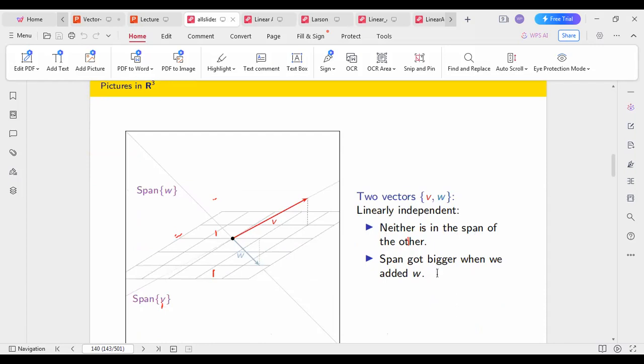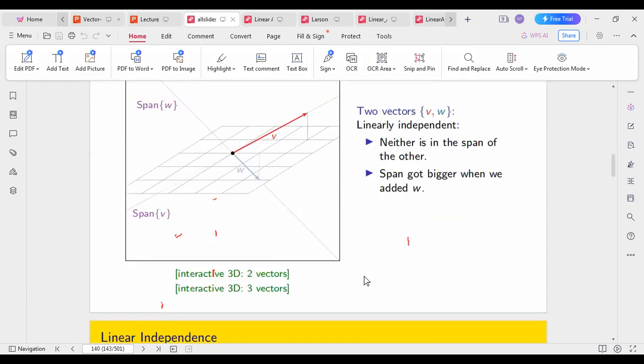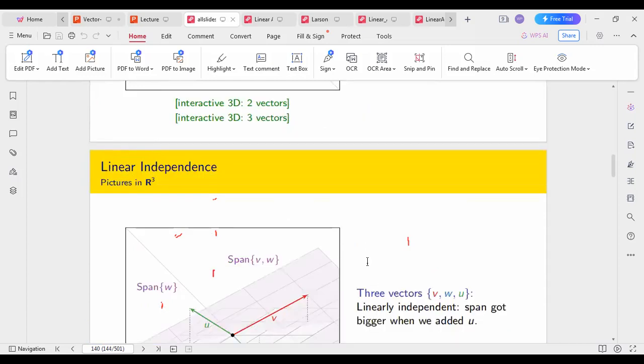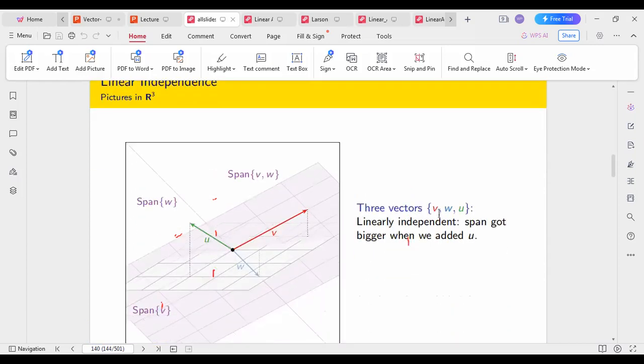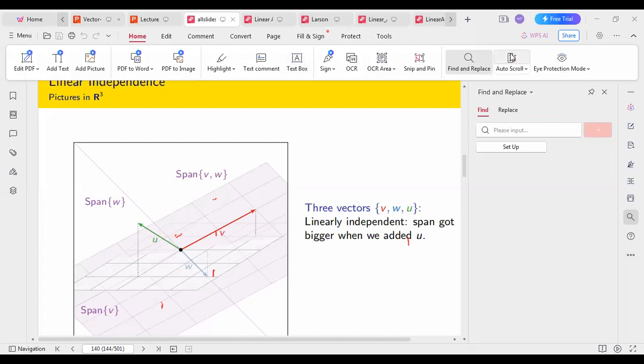The span got bigger when we added W. Three vectors B, W, U are linearly independent in 3-space, as the span got bigger when we added U. So this is the span of W, this is the span of B, and this is the span of B, W.